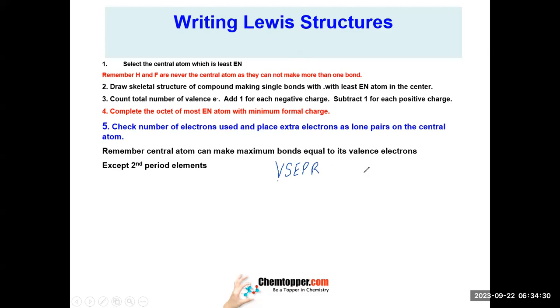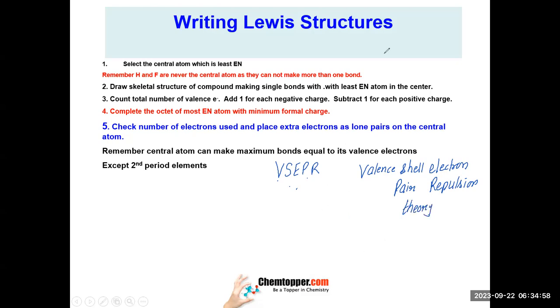V means valence. S means shell. E means electron. P means pair. R means repulsion. And then we say it is VSEPR theory.